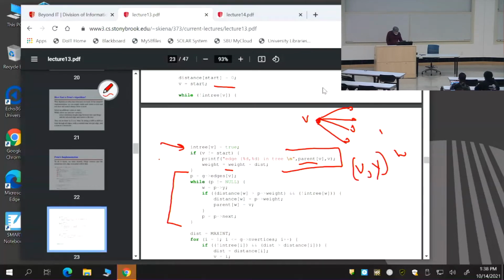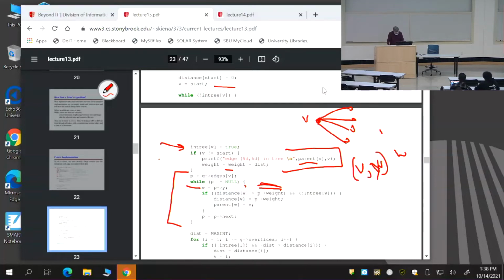No, actually, it looks like W is the name of the other vertex here in my code. Maybe that's kind of ugly. What P points to dot weight is the weight of the edge. If the distance, the best way I already know to get vertex W into the tree, is greater than the weight of the edge, then that means that this edge is a cheaper way of getting it in.